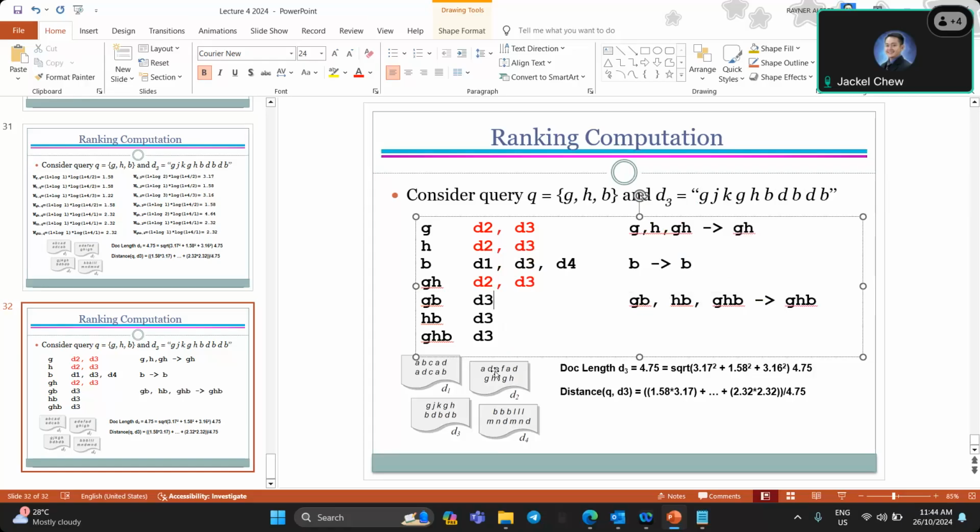So here we have 3 already, so that means the document length will be the same.